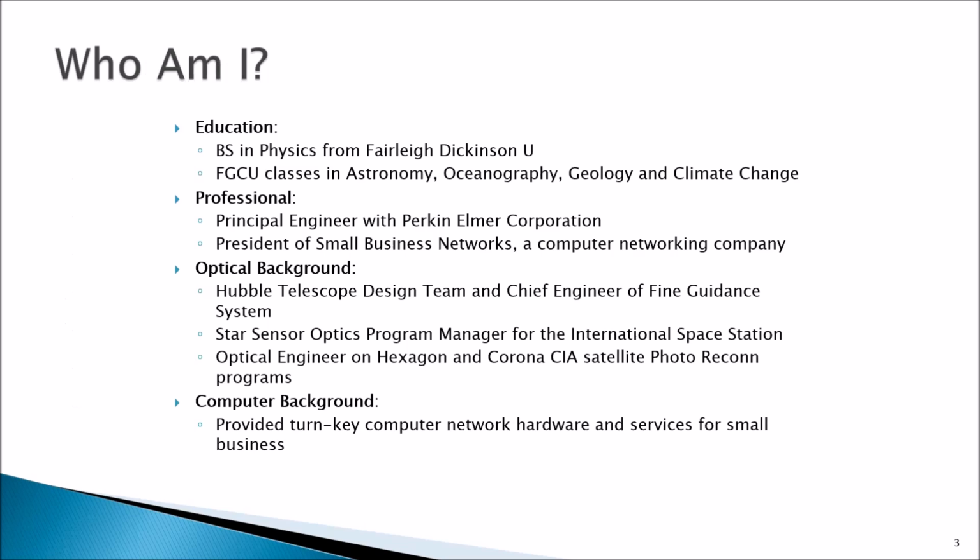So who am I? Well, I have a degree in physics. I've attended classes at FGCU. I was a principal engineer at Perkin-Elmer, and I worked on the Hubble telescope design team, primarily on the fine guidance system. I also have some optics that are currently flying on the International Space Station.